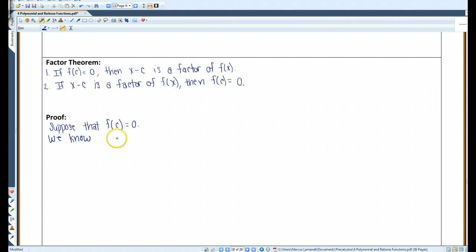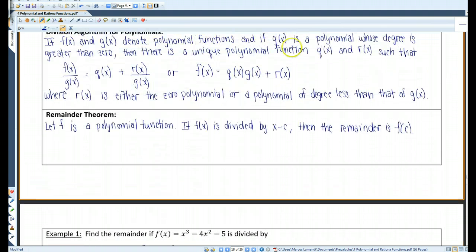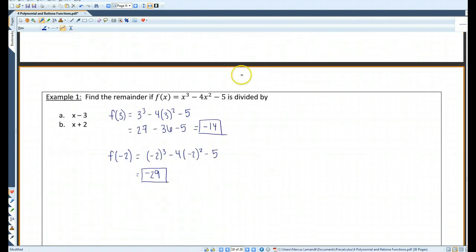We know from what we learned before that f of x equals q of x times g of x plus r of x. And this is in the box right above this in your notes. I'll show you real quick. Right over here.